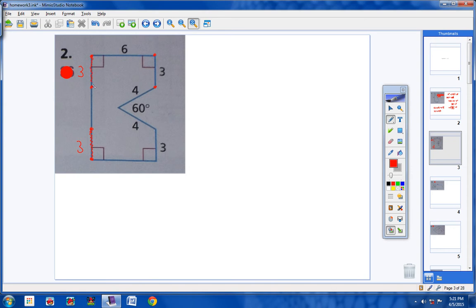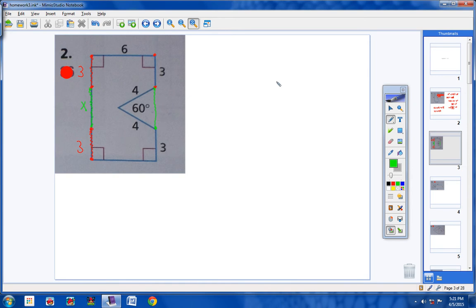So what I'm missing is this gap right here in green. I don't know what this length is right here, okay? We'll call that X. But this gap from here to here is the same gap from here to here, okay?